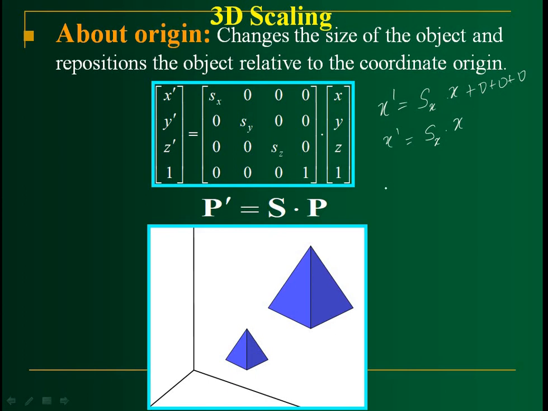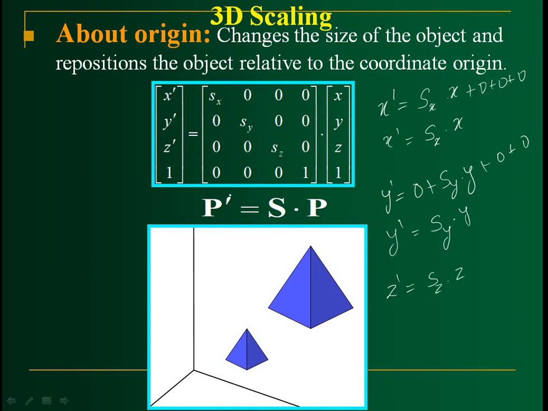And your new y dash will be 0 plus sy into y plus 0 plus 0. So y dash equals the scaling factor sy into y. Likewise, z dash will also be equal to sz into z.